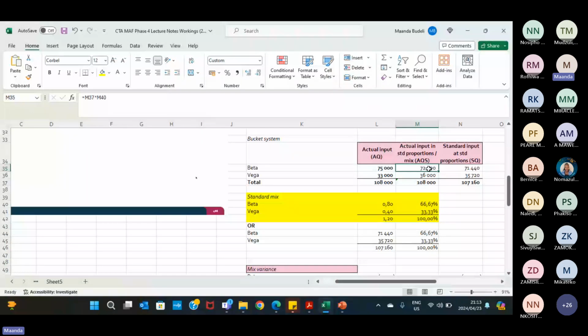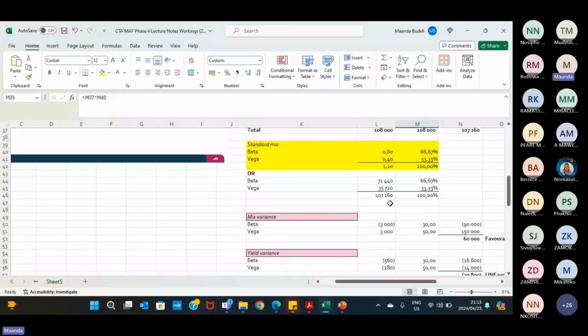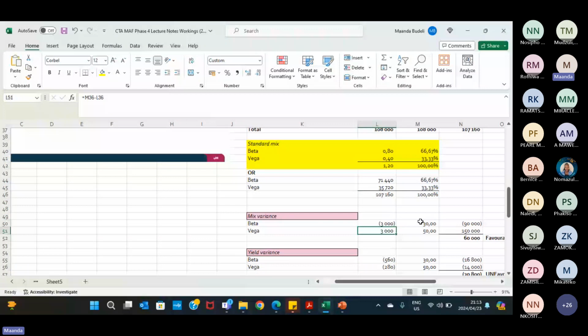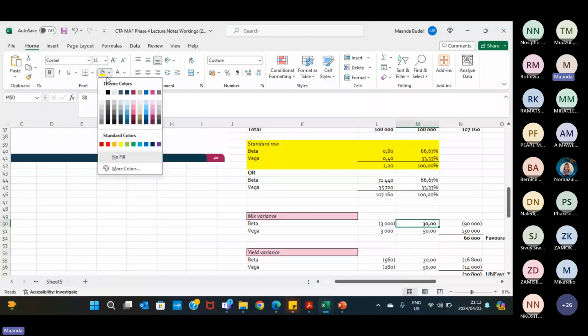Then I'm going to minus the 75 with the 2, then I get the 3, and then the standard price remains the same. So the standard price, remember, I'm checking the mix, so I don't want to put the actual price. I'm still doing quantity, just like I do the normal quantity, and the standard price remains the same.